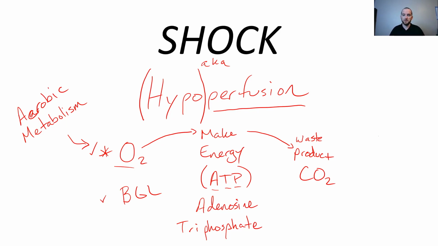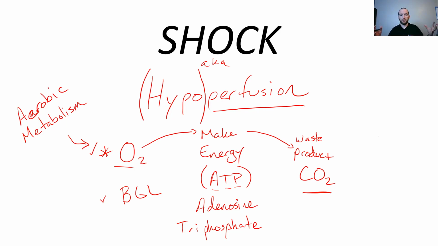As our body uses oxygen, it makes carbon dioxide just as a waste product, which is phenomenal in terms of waste products, because we're already circulating the blood throughout the entire body. If it can just pick up carbon dioxide, we have a pulmonary system that's designed very well to just eliminate gas. So all we have to do is keep breathing for our body to keep eliminating this waste product.